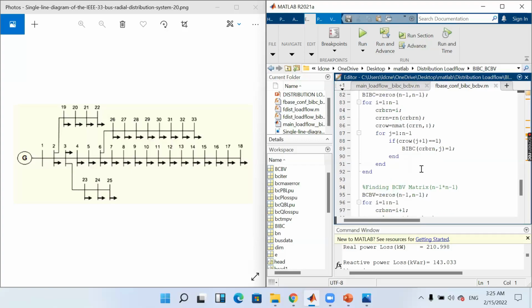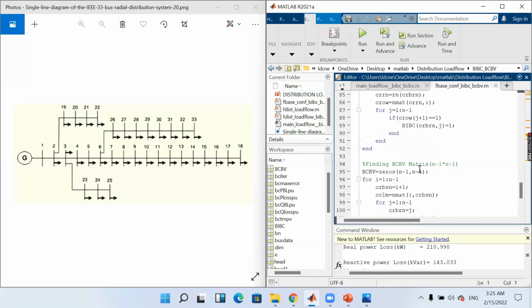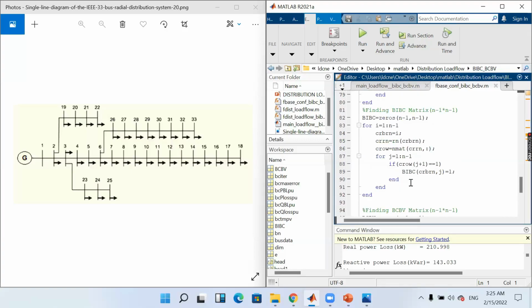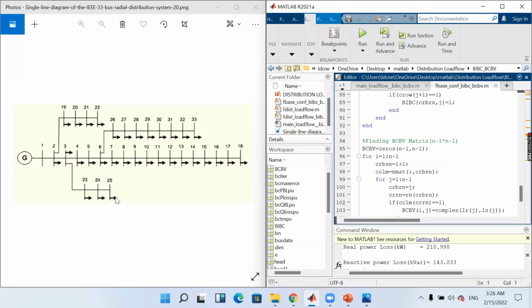After that, we have to calculate the BCBV matrix. In the BCBV matrix, we have to find all the branches through which the power flows to feed the power of that corresponding bus. For example, when we consider bus 25, for feeding the load of bus 25, power must flow through the first branch, second branch, branch number 22, branch number 23, and branch number 24.